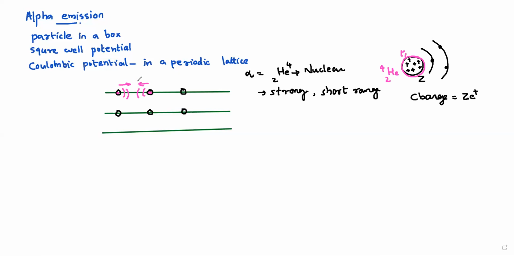So maximum repulsion is present at this center. Very important: at the point between these two lattice points, here we get the maximum point. That means here we obtain a potential well like this. Here the repulsive force is minimum. So in the case of a periodic lattice, the potential is maximum at the midpoint between two nuclei.